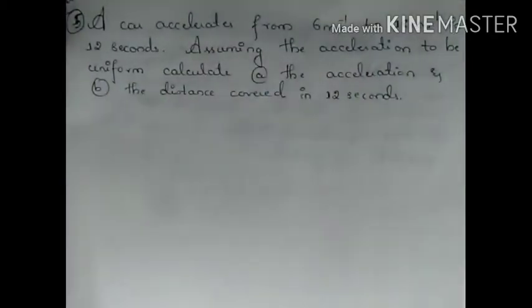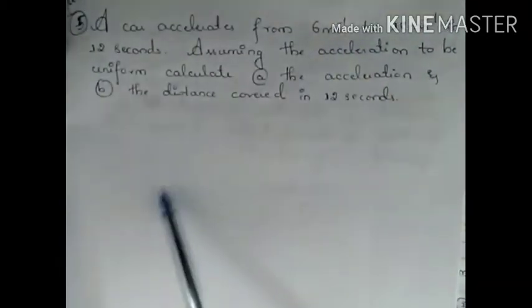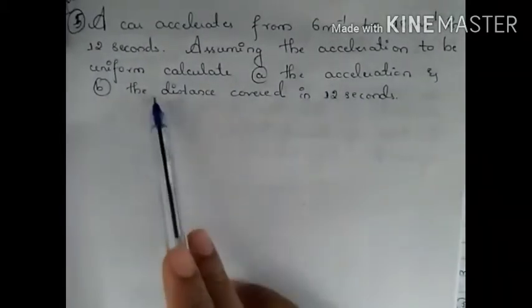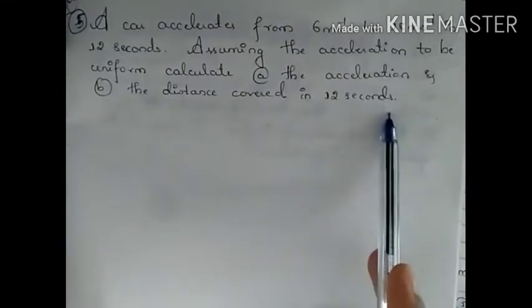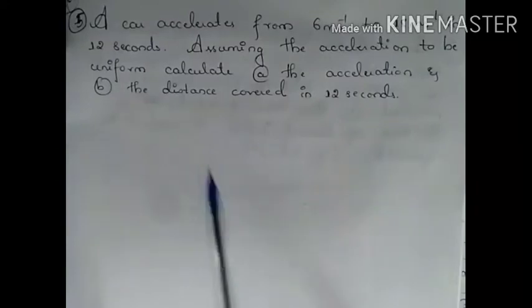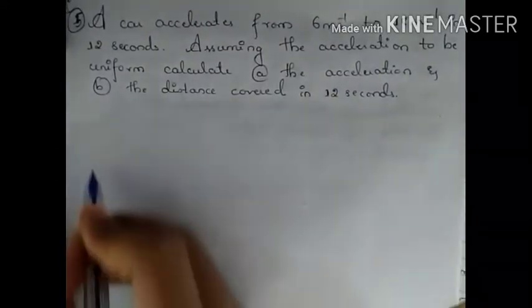So here he is assuming the acceleration that we get from this is uniform. So calculate the acceleration and the distance covered in 12 seconds. So we have to calculate acceleration and distance in 12 seconds.